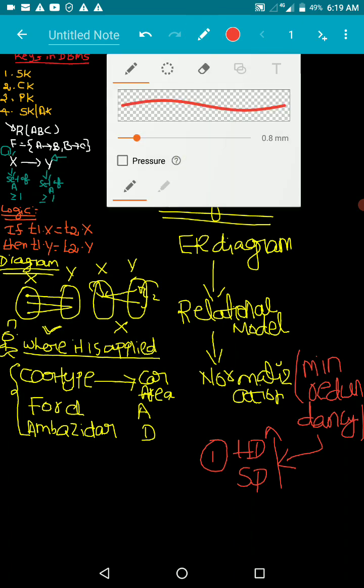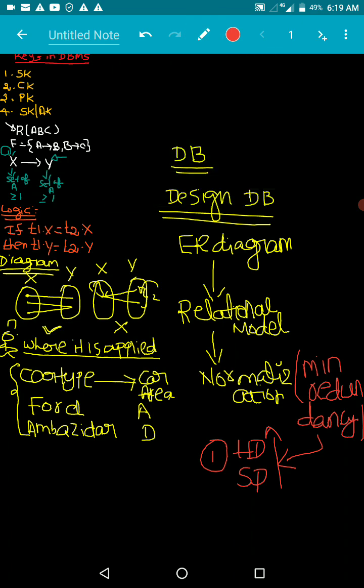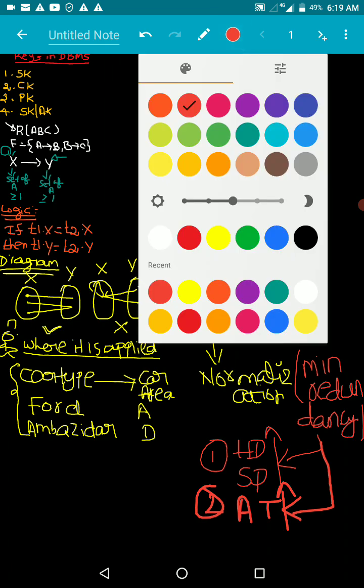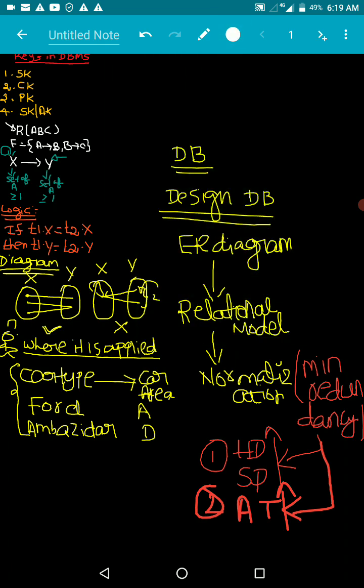And the second one is access time. Access time is a primary factor of databases, and it is also high. For these reasons, we want to minimize or remove the redundancy from the databases. So functional dependency plays an important role in normalization.